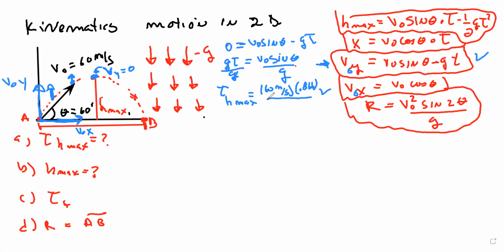And we're going to divide that by 9.8 meters per second squared. So the time to reach the maximum height, if you do all that math, is going to be 5.3 seconds.